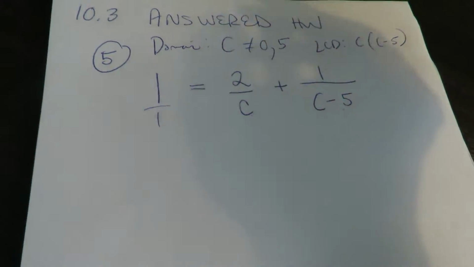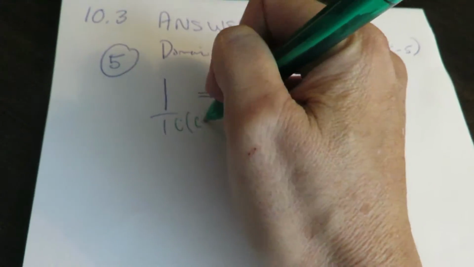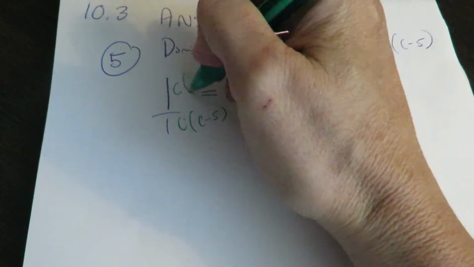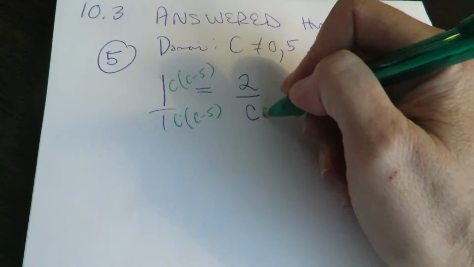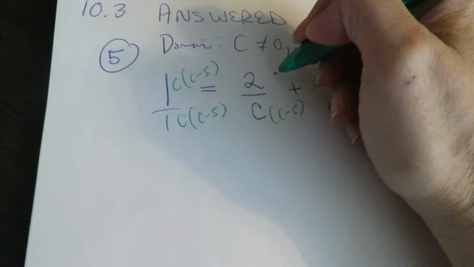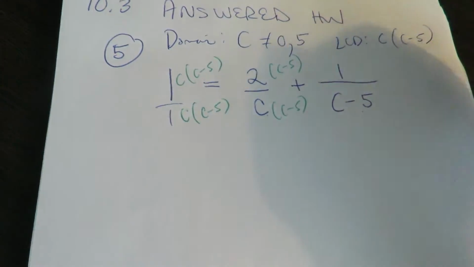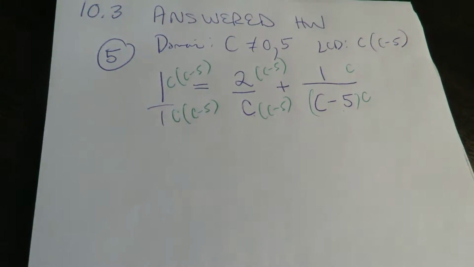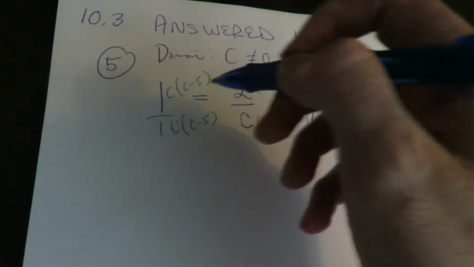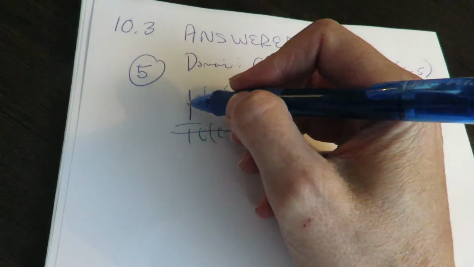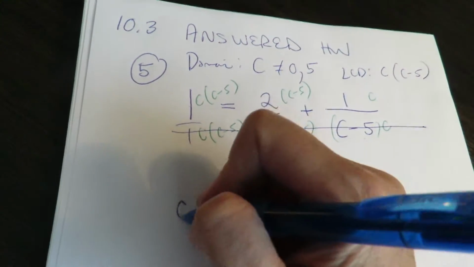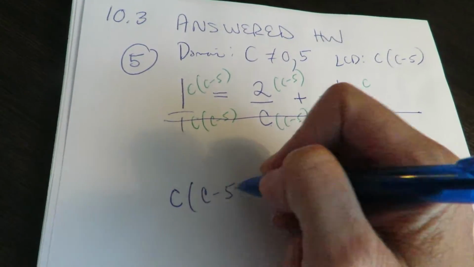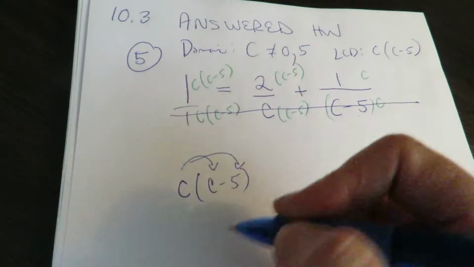So I'm going to go ahead and balance this. You just give everything that's missing from the denominator to both sides. Okay, so it's an equal sign, so I can cross out the bottom. 1 times C is C, and then you're going to multiply the C in.